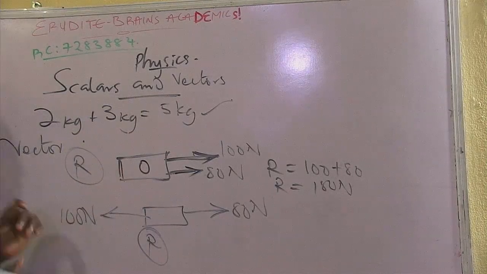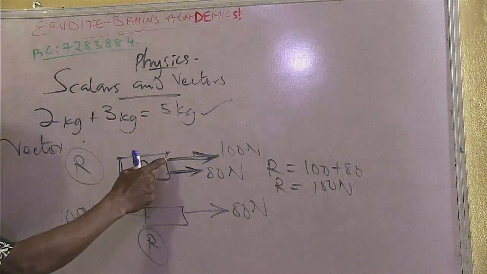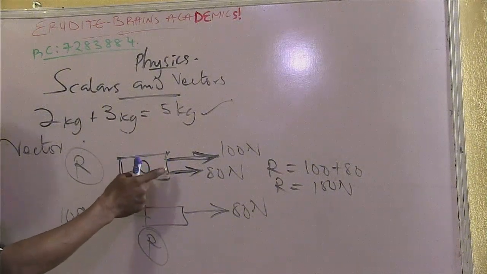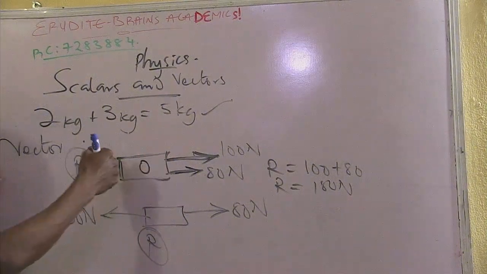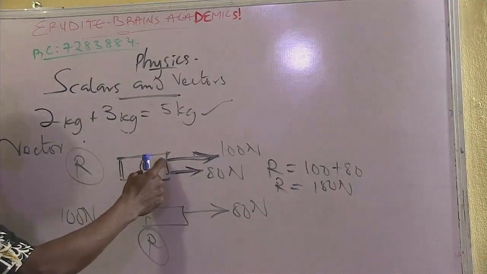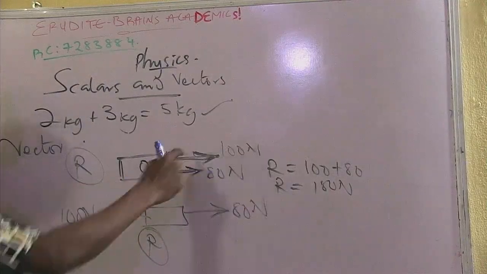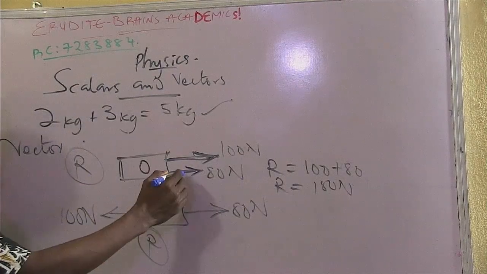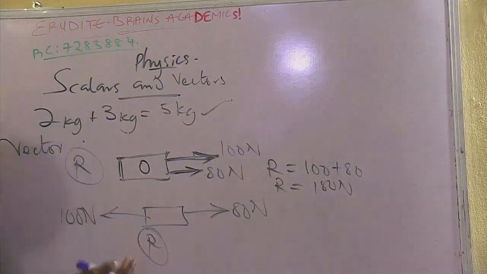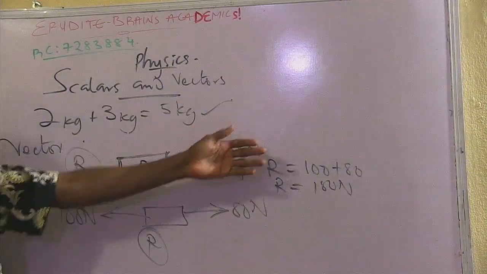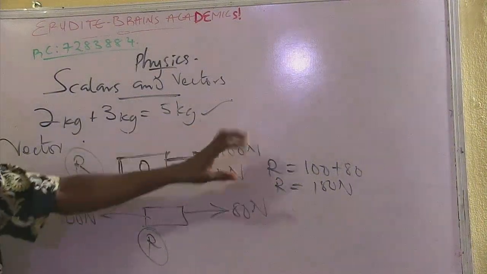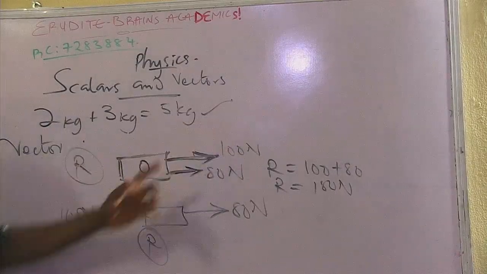Practically, if you tie a rope to this body, and a particular part of that rope has a force of 100 Newton dragging this body, another 80 Newton is dragging it. They are both dragging it in the same direction. So the body is going to move under the force of 180 Newton.